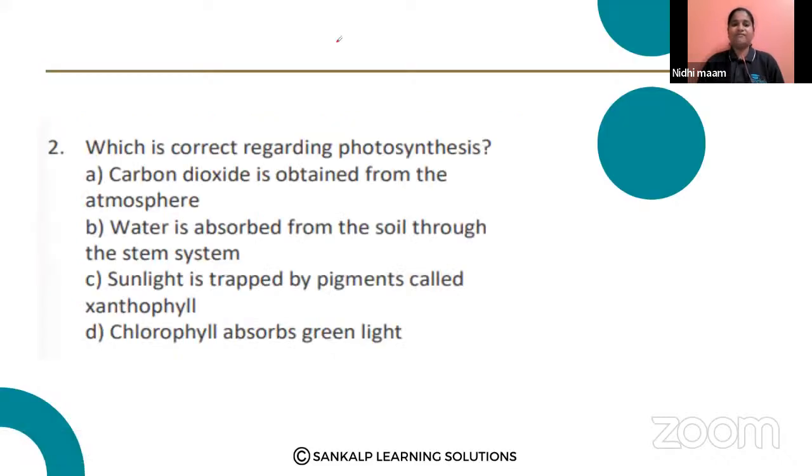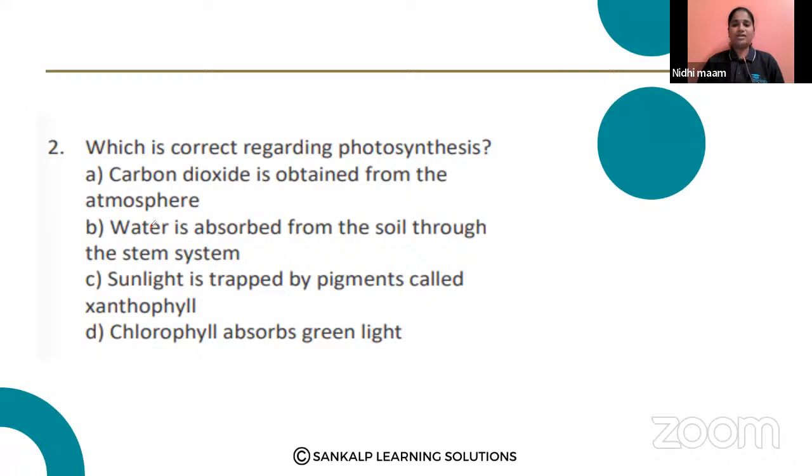Next question, which is correct regarding photosynthesis? A, carbon dioxide is obtained from the atmosphere.